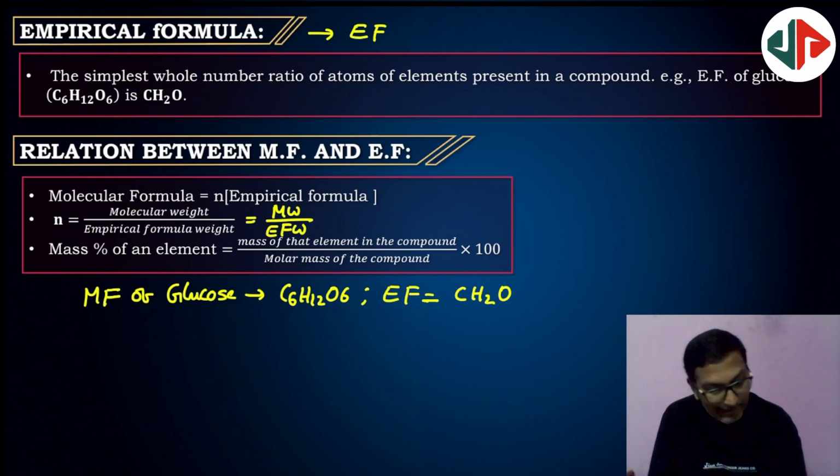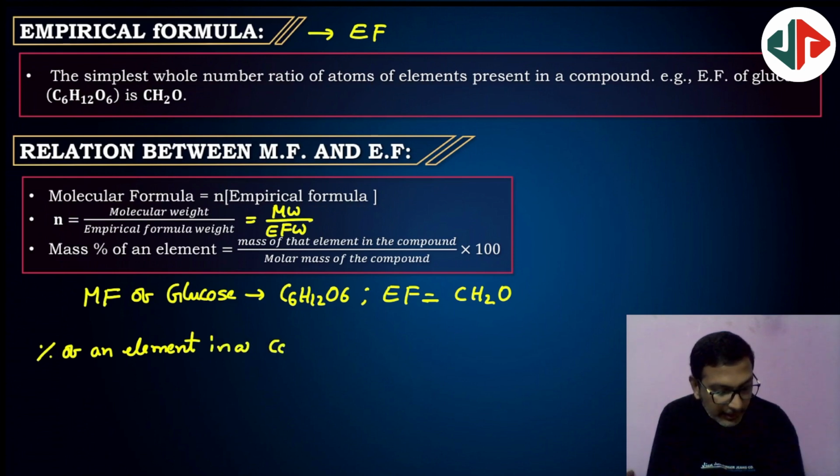Next, mass percentage of an element in a compound. This is a repeating question. The percentage of an element in a compound is n into atomic weight divided by molecular weight into 100.